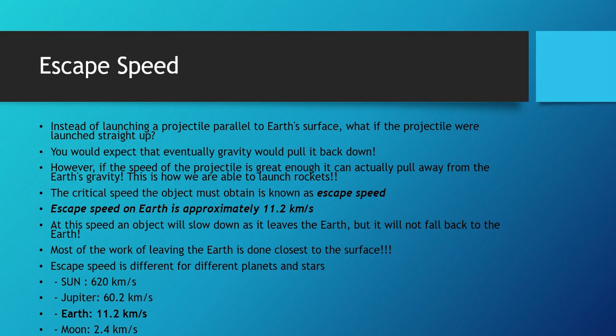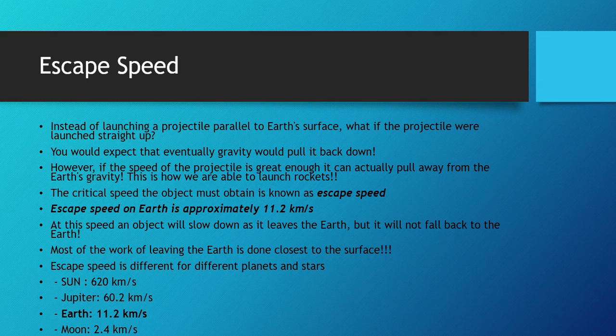Now, the trick is that just like with any rocket travel, and that's why sending rockets to space is tough, most of the work is done close to the surface. The biggest problem with rockets is that they have to have fuel, and fuel takes weight. And so you have to add more fuel to lift the weight of the fuel you had.